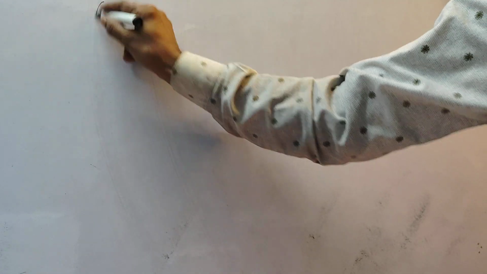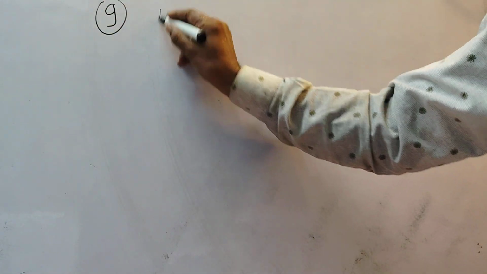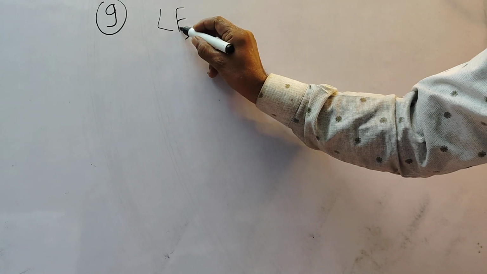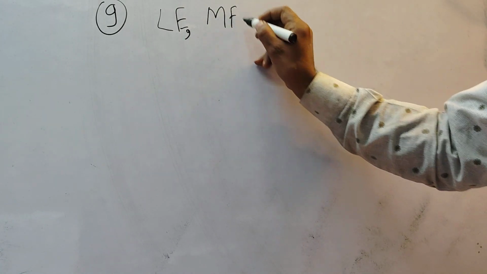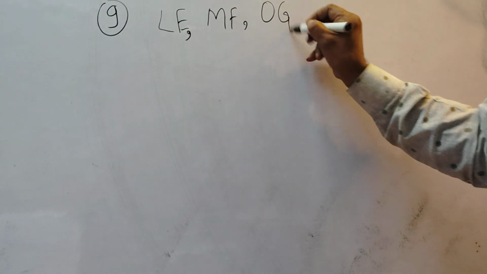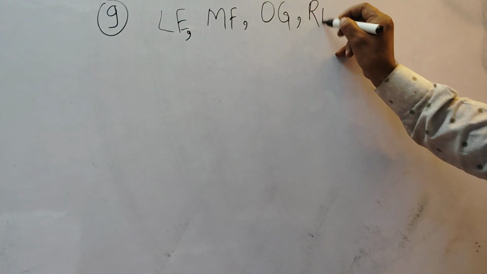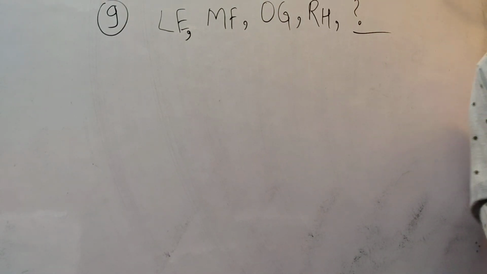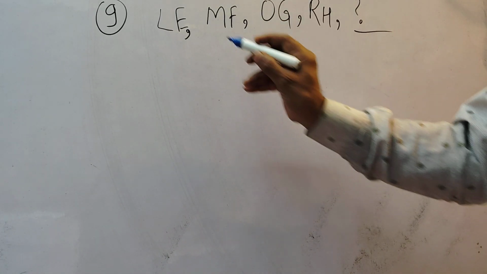Question number 9. Again a series: LF, LE, MF, OG, RH, question mark. So in the ninth one, one letter is also missing in your answer.